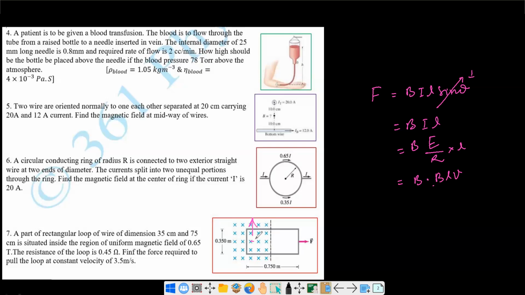The area vector swept out is just perpendicular to the plane of paper, and this is going to be 90 degrees. So BLV will be sufficient here, and divided by the resistance, EMF divided by resistance times L. So the force is B square L square V by R, and particularly I have calculated this, and it is about 0.628 Newton. So this is how I concluded the discussion for this one.